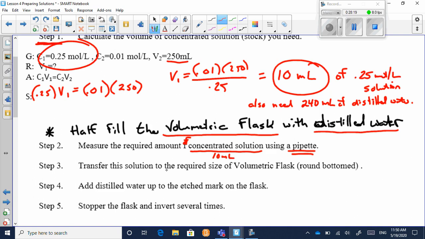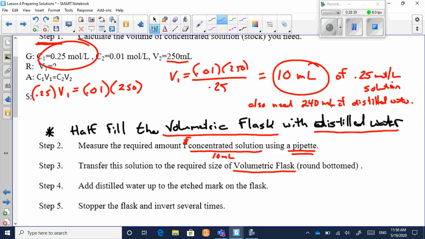You're going to transfer the solution to the required volumetric flask. Then you're going to add more distilled water, the remainder of that 240 milliliters, up to the etched mark in the flask. Remember, that etched mark is very critical.